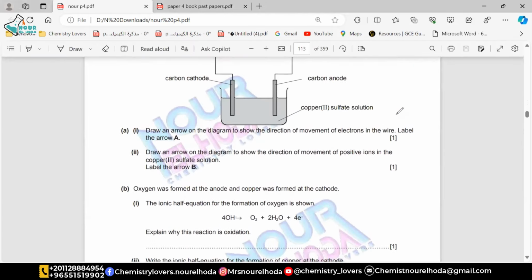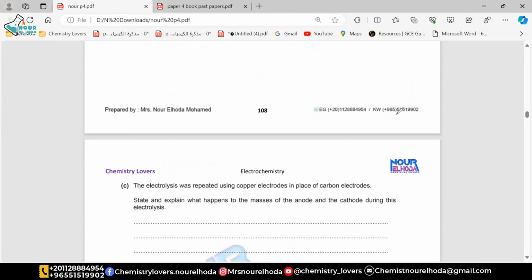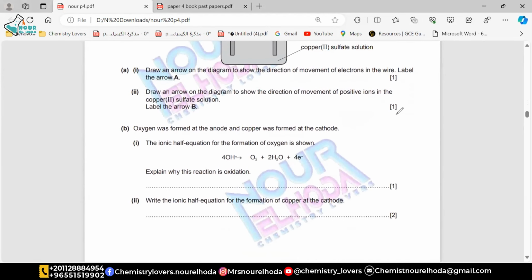Miss, can you do paper 2 for moles? Yes, I can do paper 2, but the point is that for this class we need to do moles, redox and electrolysis, so the time is a little short. You can join, I'm going to do other classes for paper 2.